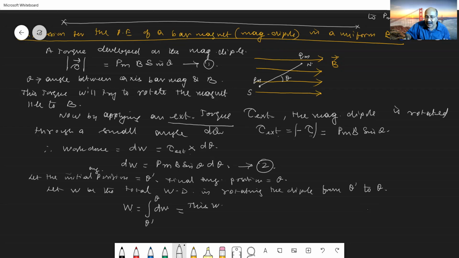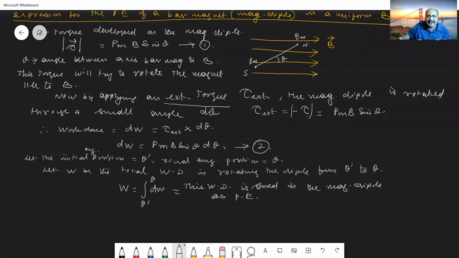So this work done is stored in the Bohr magnet, or the magnetic dipole, as what? As the potential energy. So how can I write this now?